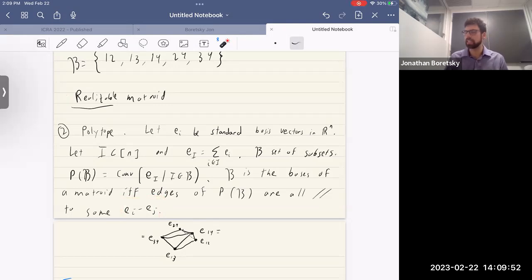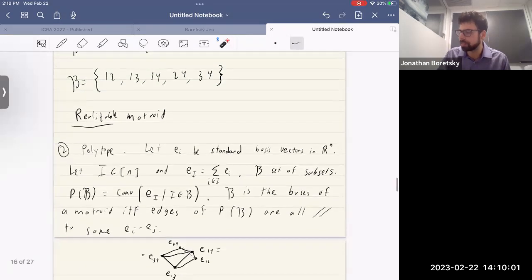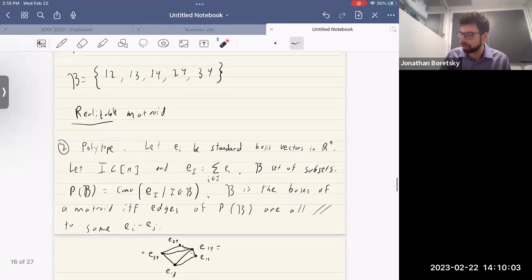All right, so let me give an example of something which is a matroid polytope. So here I picked 5 subsets. In fact, I picked the same 5 subsets that I had up here. So you'll notice that I have 1, 2, 1, 3, 1, 4, 2, 4, and 3, 4. And I want to show that, for example, the edge between e_14 and e_34 is parallel to some e_i minus e_j. Well, what's e_34? I should take the indicator vector of 3, 4, so it should have 1s in positions 3 and 4.